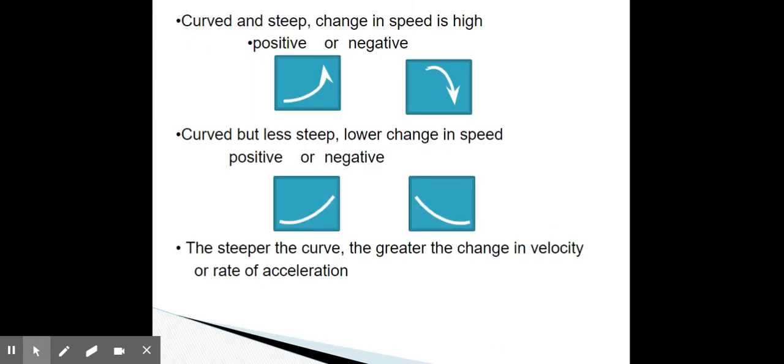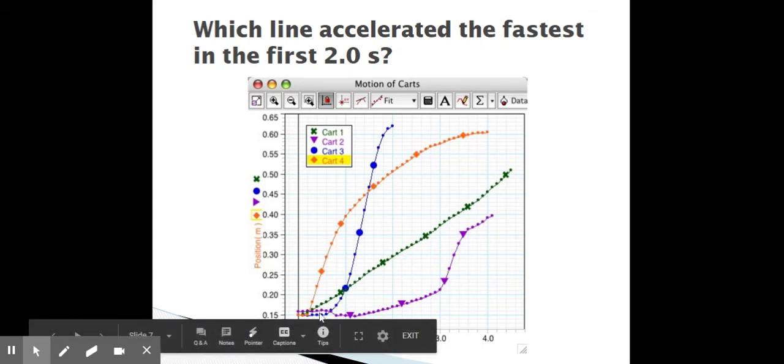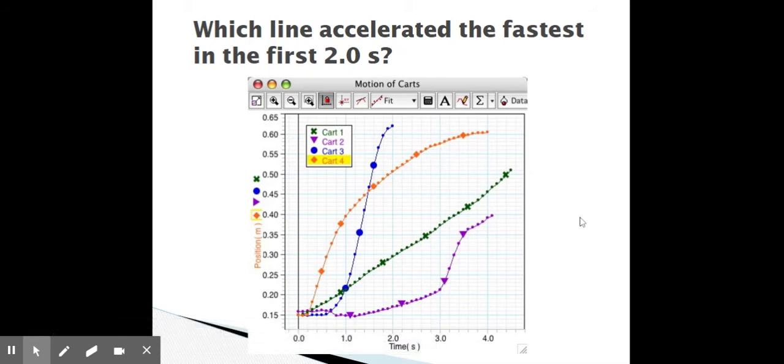So for instance, if you look at this one, you can tell that this blue line right here has a very sharp acceleration. It quickly speeds up. The green line, green cart or green traveler, has a more constant acceleration, okay? Whereas this orange one accelerates, but then starts to slow down here, okay? So we can tell a lot just by the shape of the graph. So the question here says, which line accelerated the fastest in the first 2 seconds?